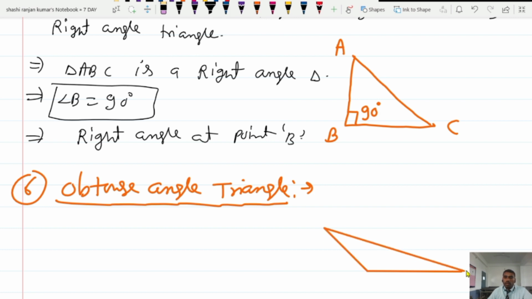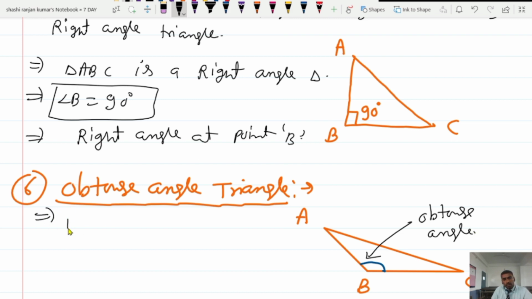This is a triangle in which one angle is an obtuse angle, very simple. Let us suppose this is a triangle ABC we have taken, right? A triangle in which one angle is obtuse. You can see here this angle is greater than 90 degrees. So this is the obtuse angle.